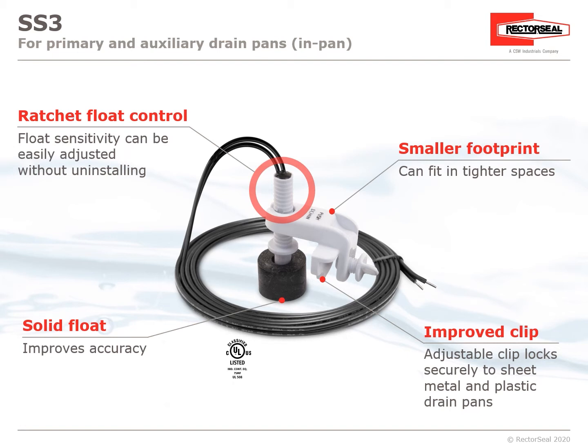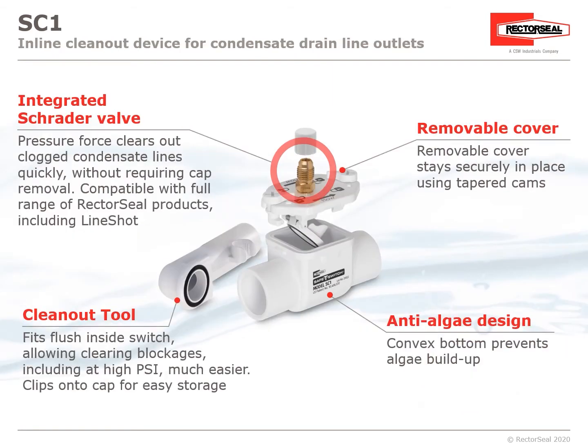It has the easy-to-use ratchet flow control, it has a reliable solid float, and it has also a smaller footprint to be used in tighter spaces than the previous SS3. And finally, an improved clip design which now allows the SS3 to be used in either sheet metal or plastic drain pans. And also introducing a new product from RectorSeal that addresses drain line maintenance is the SC1.